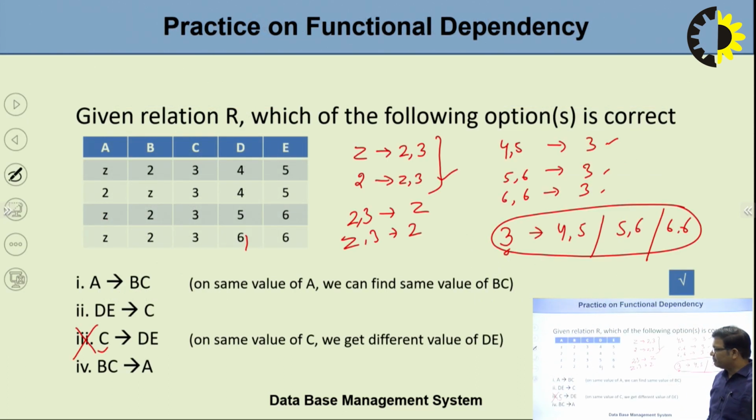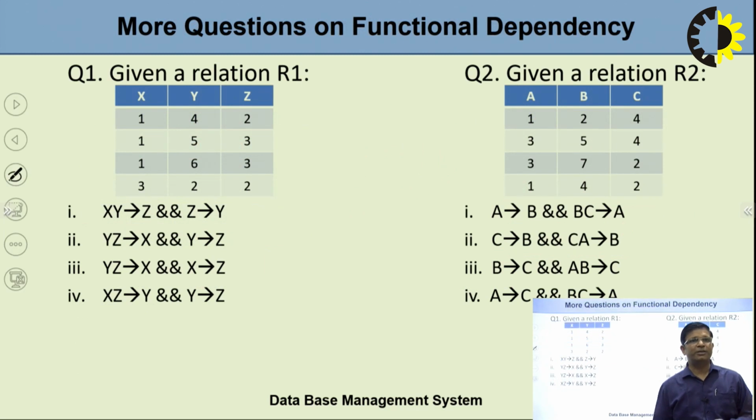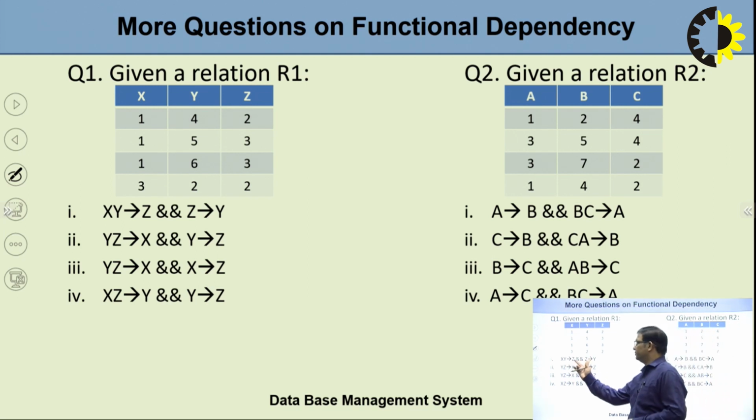In the previous example, only one functional dependency needed to be checked, and in this example, you need to check two dependencies at a time. So you need to identify which is wrong or which is correct. But keep in mind that both dependencies should be true.